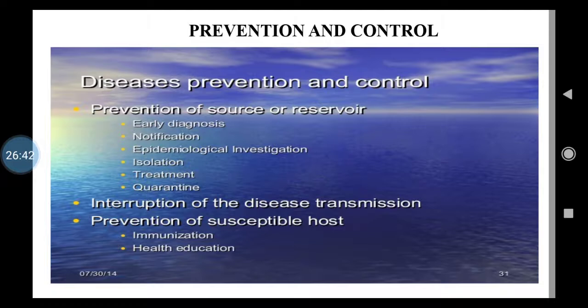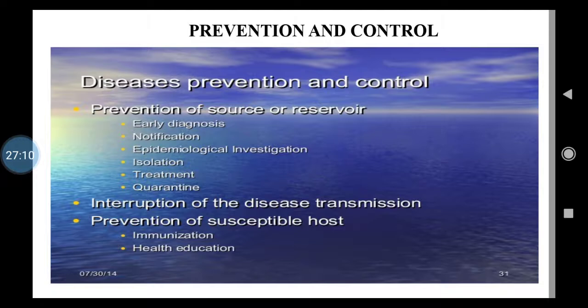Other is notification. We have seen in communicable diseases that there are many diseases which are to be notified to the health authorities. Recently COVID-19, as many people are suffering, their notification to health authorities is very important. Similarly, we have seen leprosy must be notified, plague must be notified.